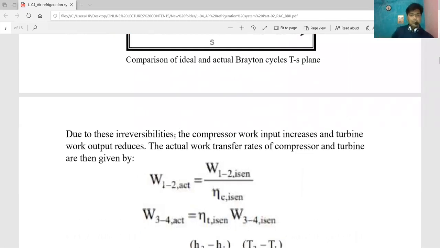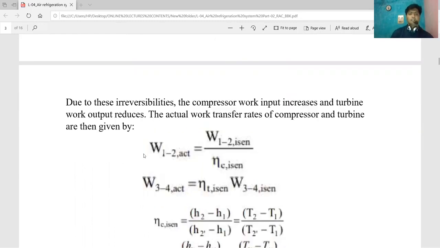Due to these irreversibilities, the compressor work input increases and the turbine work output reduces.